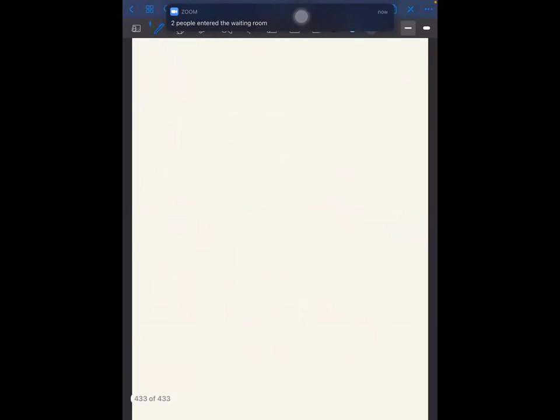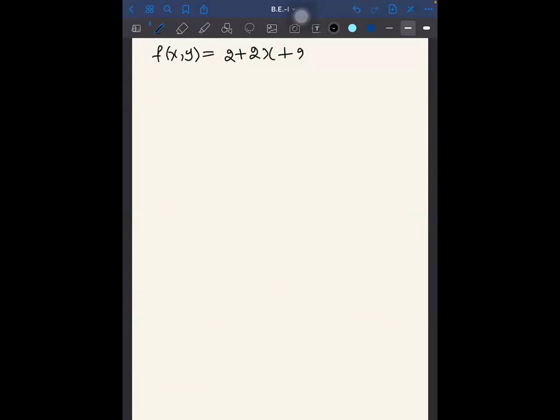First of all, we'll take our f(x, y) as it is: 2 + 2x + 2y - x^2 - y^2. We first calculate the partial derivatives. f_x, the partial derivative with respect to x, is 2 - 2x, and f_y is 2 - 2y. We equate them to 0 and get the values of x and y.